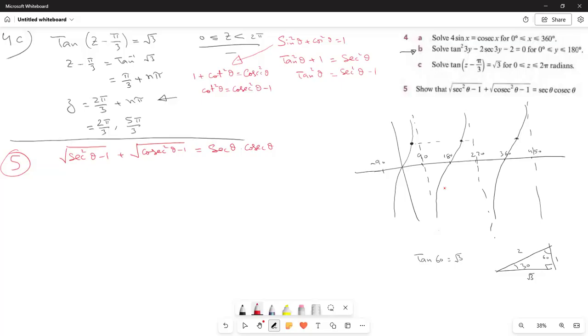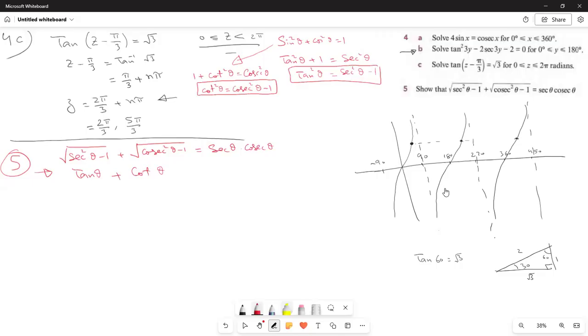I will use these two expressions. Secant squared theta minus 1 is tangent squared theta, and under the root it becomes tangent theta. Plus cosecant squared theta minus 1 is cotangent squared theta, and under the root it becomes cotangent theta.